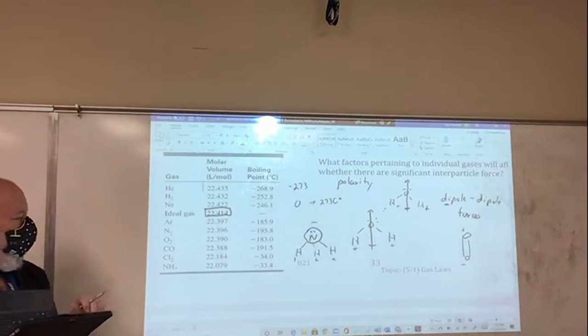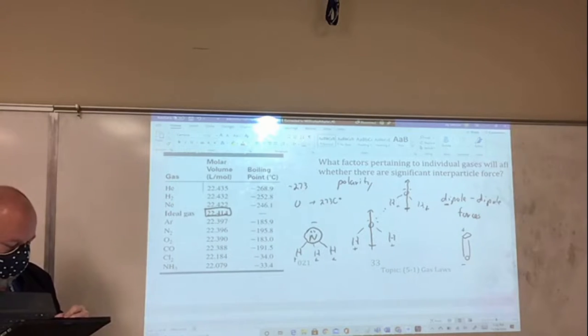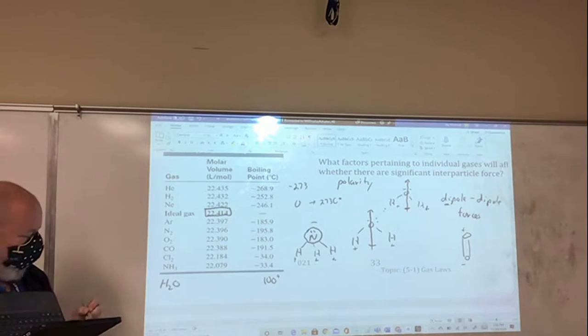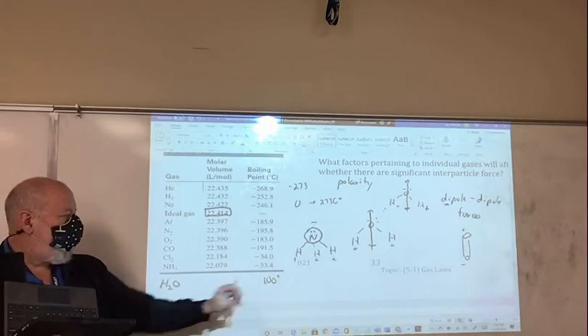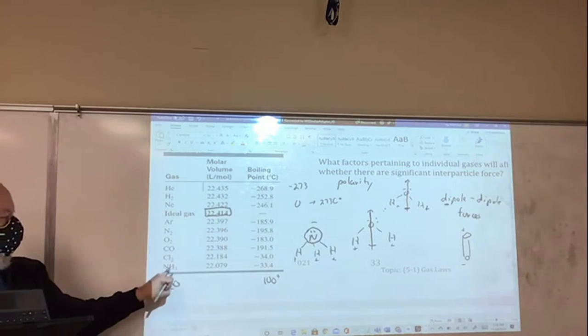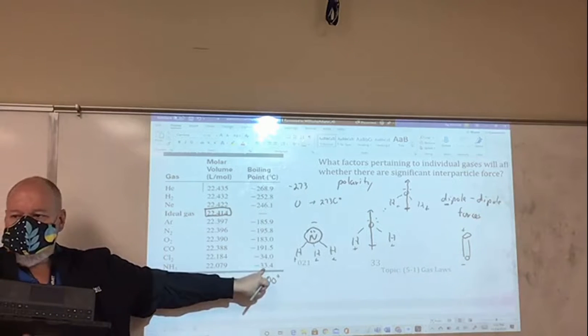Water vapor would be even further down the list. Water vapor's boiling point is 100 degrees Celsius, right? Not negative 100 degrees, but 100 degrees Celsius. Okay, that would indicate that water particles have much stronger forces of attraction than ammonia does.